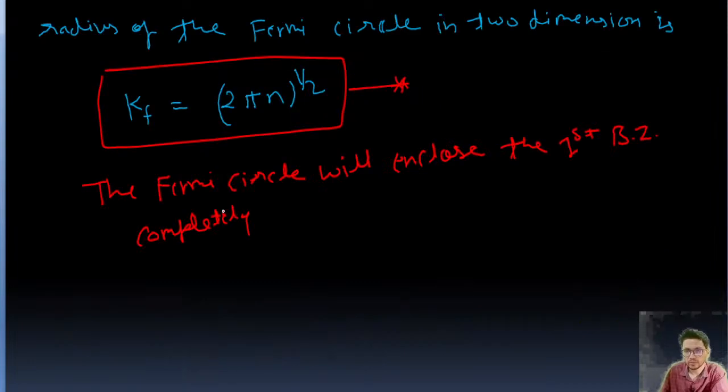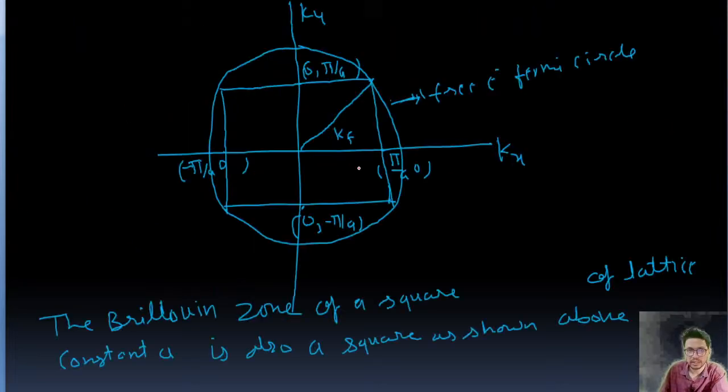So the Fermi circle will enclose the first Brillouin zone completely if the radius kf is equal to root 2 pi upon a, right? How? Because here I can show you this value is pi by a, this value is pi by a. So by Pythagoras theorem, this is going to be root of pi square upon a square plus pi square upon a square.